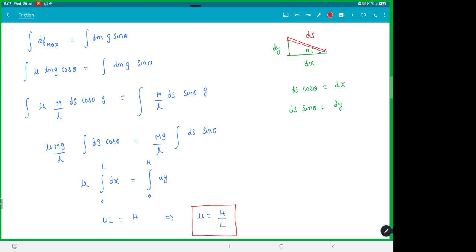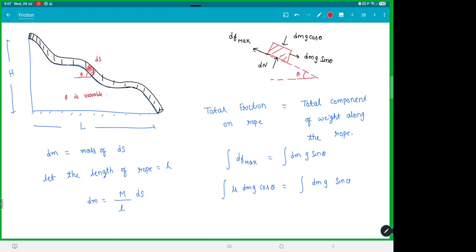Please have a look at the steps, what we did again. So I took a small piece. Then I said, on that small piece, there is a small friction and a small dmg sine theta. So on this rope, all these dmg sine thetas are pulling the rope down, and all these frictional forces are fighting back, df, df, df, and df.